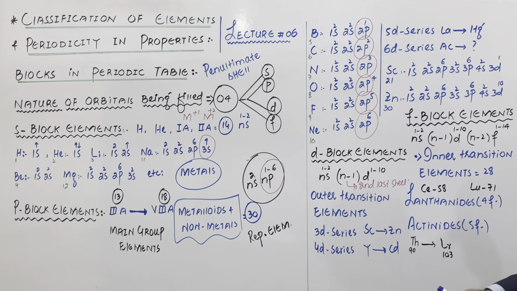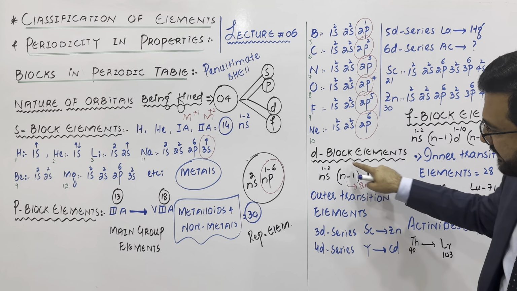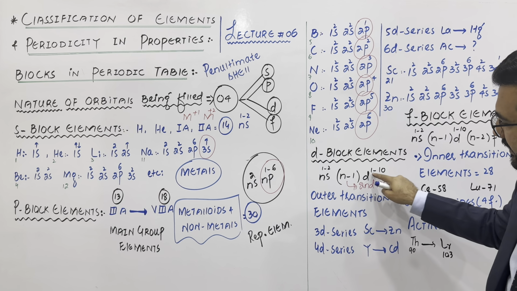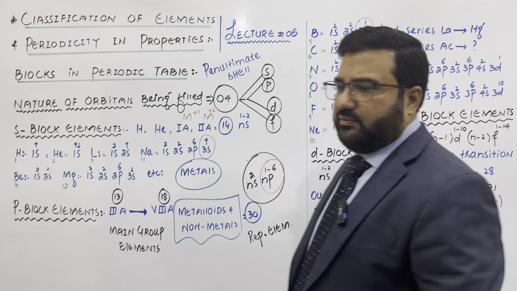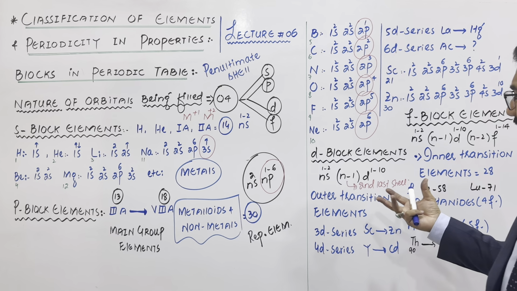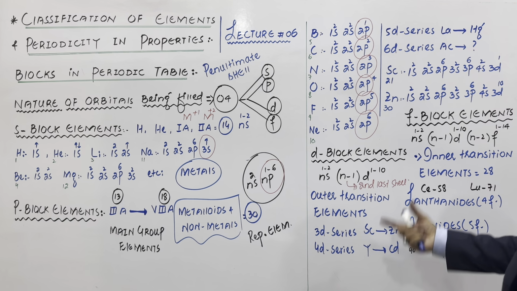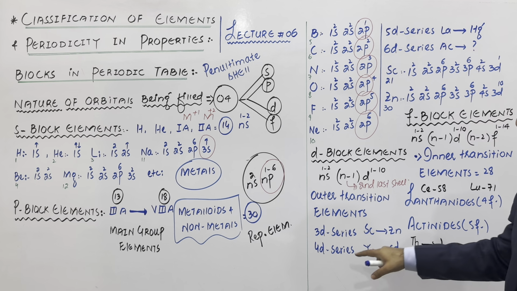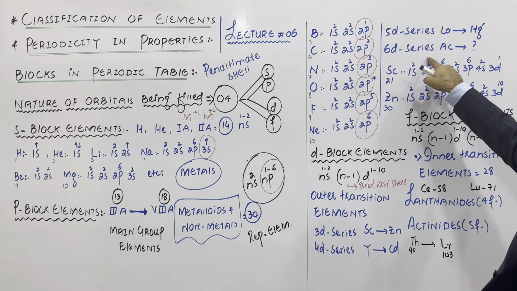So in d block elements, the d subshell of the second last shell will be under the process of completion. Under the process of completion means it will mostly have 1 to 9 electrons. They are also called transition elements, outer transition elements, and there are basically 4 series in the d block: 3d series, 4d series, 5d series, and 6d series.